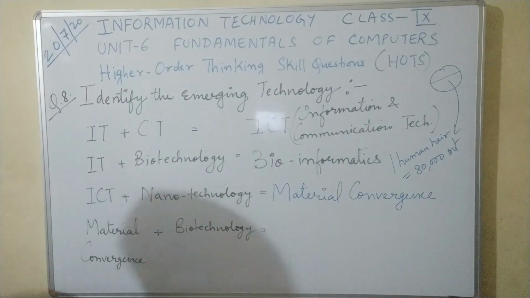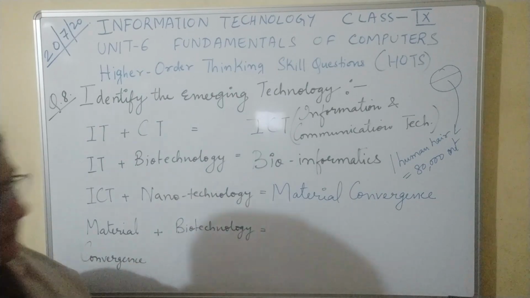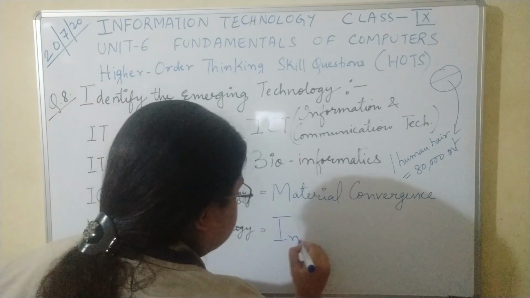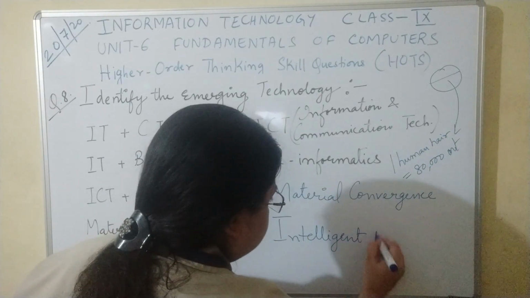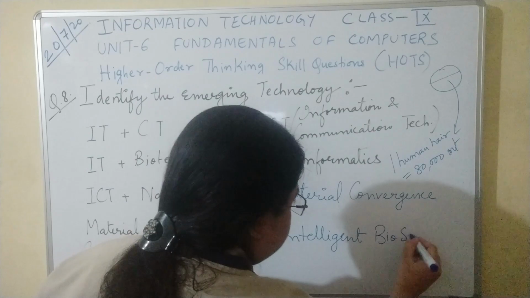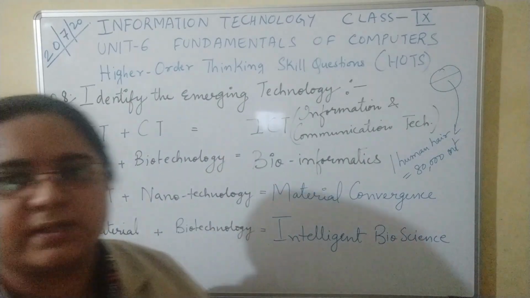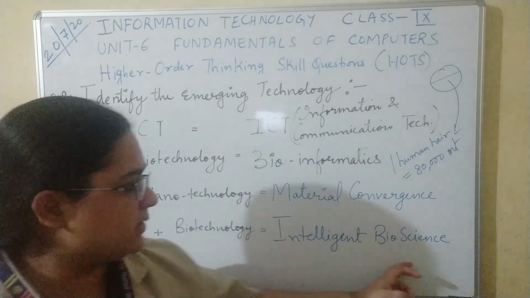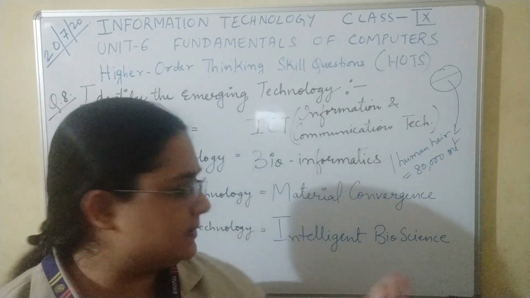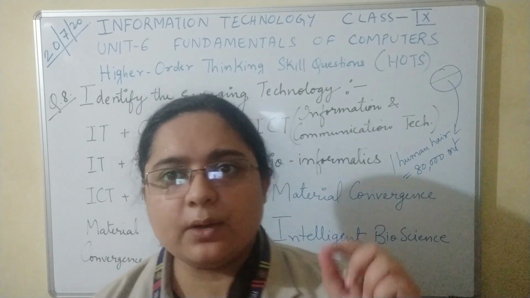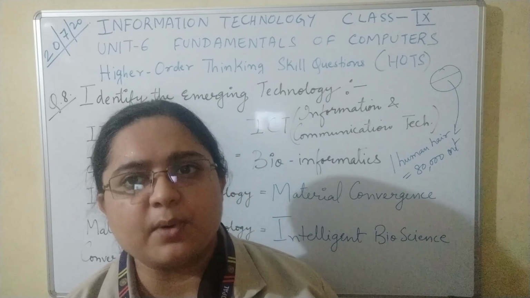Next is material convergence plus biotechnology, which will give us intelligent bioscience. Now what is intelligent bioscience? When we say intelligent bioscience, it means now the future is this. That is, nano robots will be inserted into our body for performing any type of surgery.